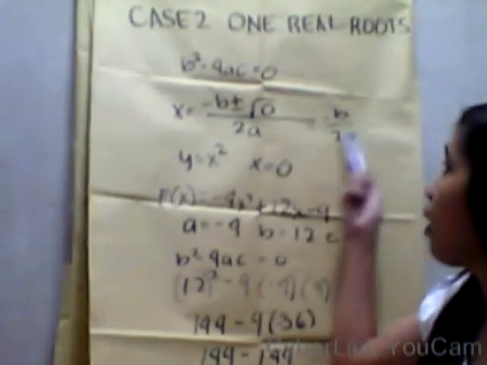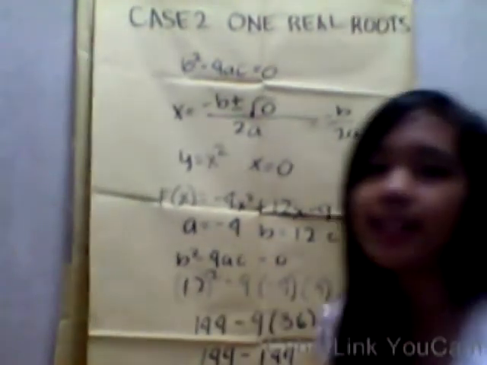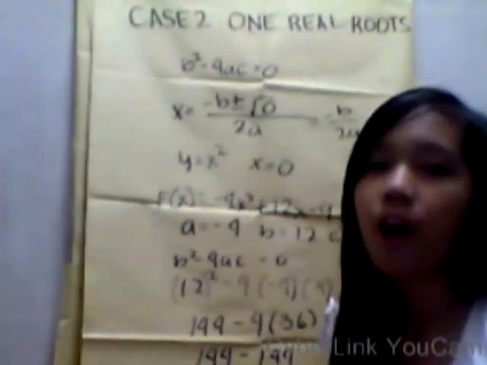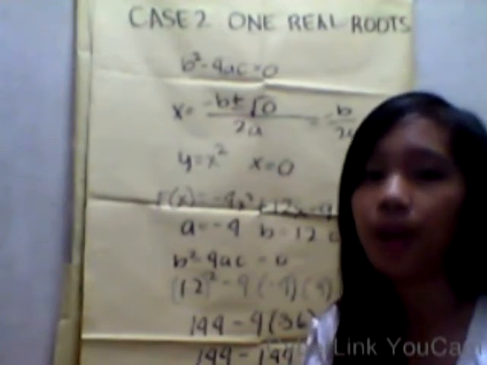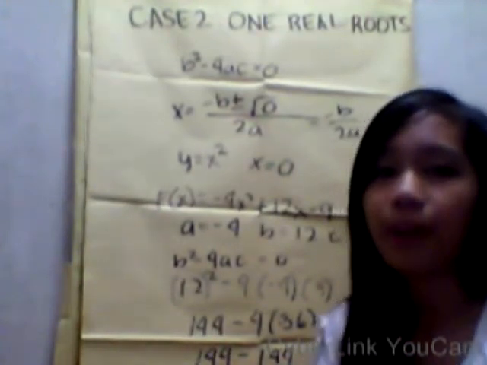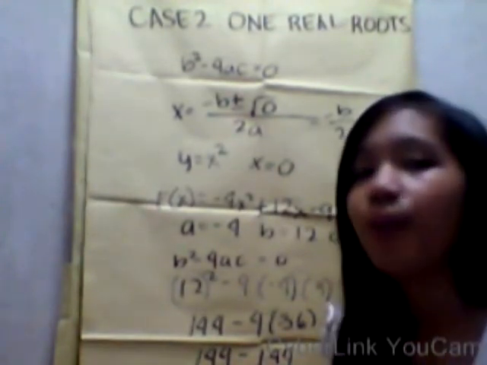Notice that x equals negative b over 2a is the x-coordinate of the vertex of the parabola.